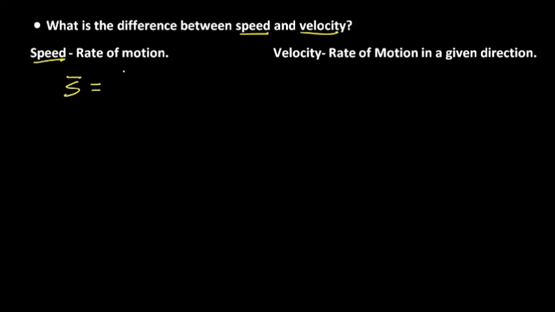That means the change in distance, or delta d, over the change in time, or delta t. And you see that triangle that I put right there, that is a Greek letter delta, and it simply means change.